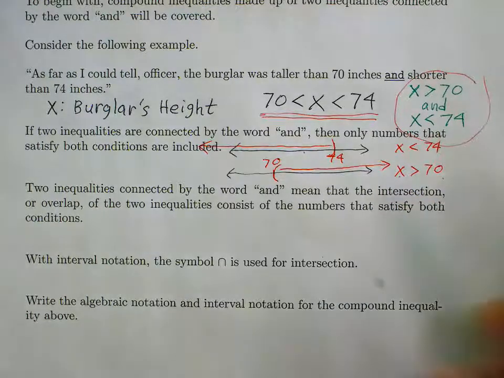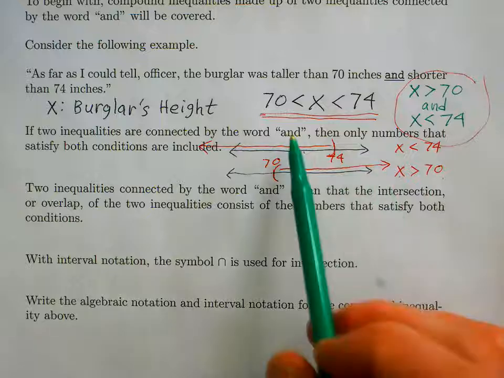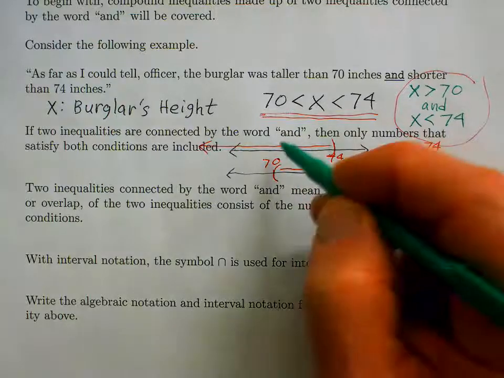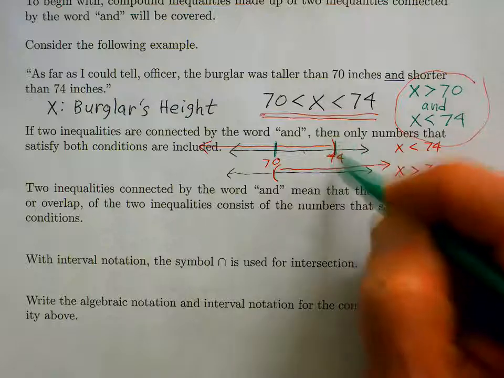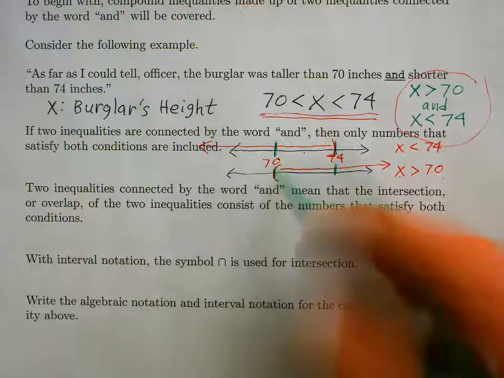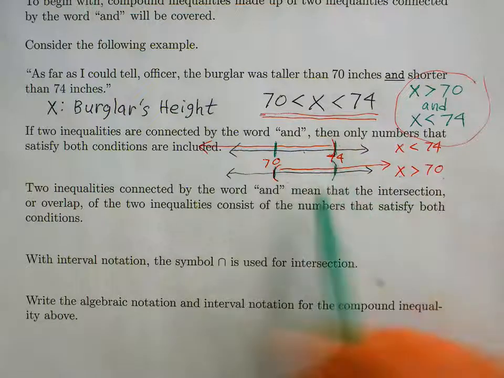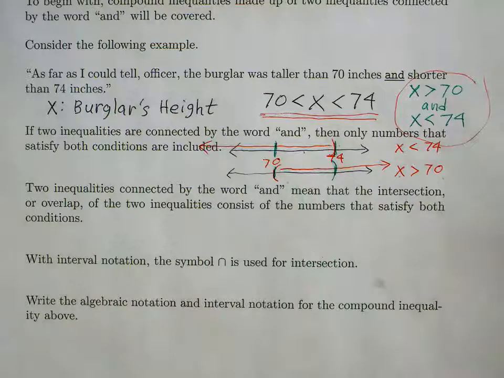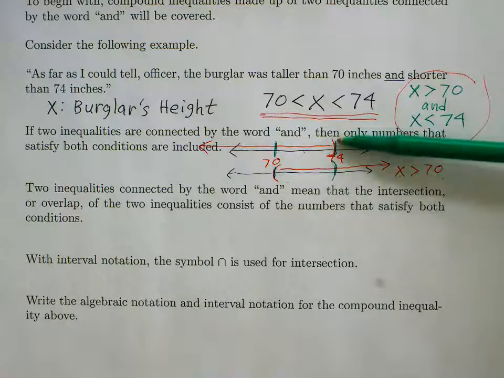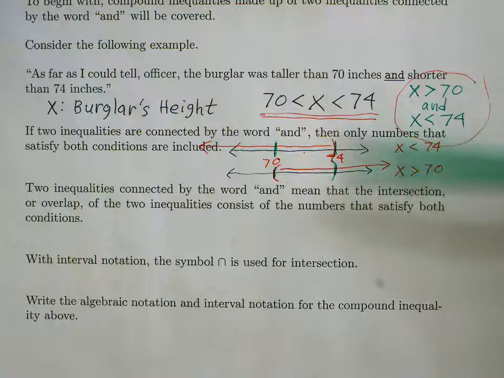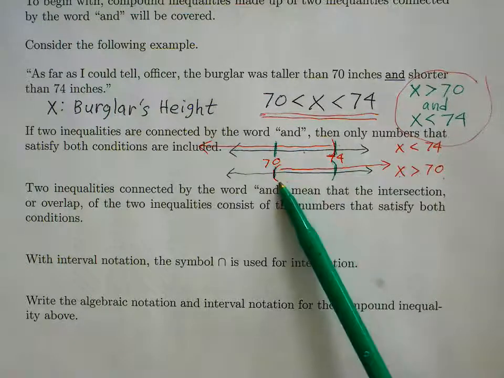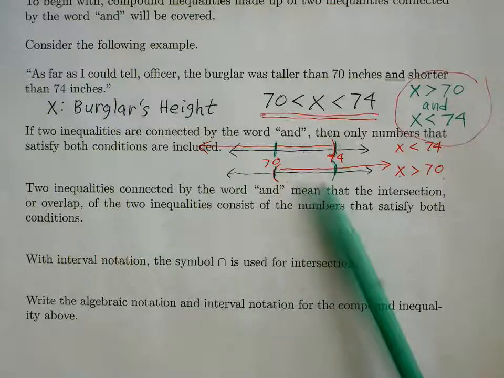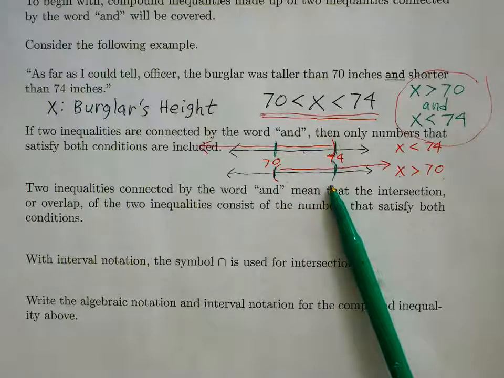Okay, and when we're using the word and, the overlap is the set of numbers that we want. You see what I mean by overlap? If you look at the parts of the two number lines that have the same numbers, they are only the numbers between 70 and 74. That's the overlap.